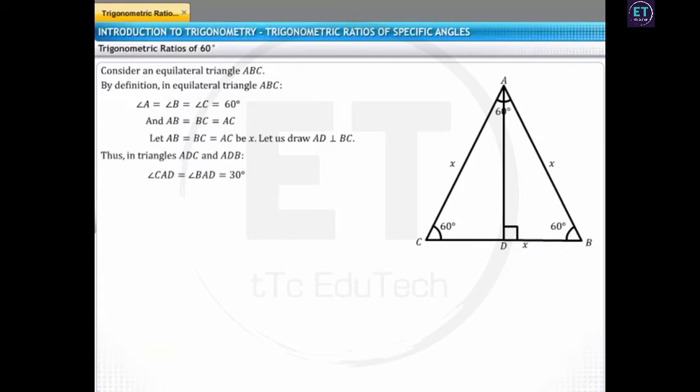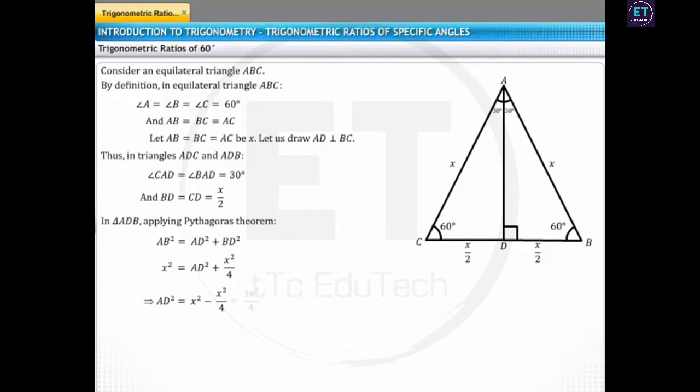Thus, AD divides angle A into two equal parts. It also divides side BC into two equal parts, BD and CD, each equal to x by 2. Applying Pythagoras' theorem to triangle ADB, we get the length of side AD as root 3 by 2 times x.